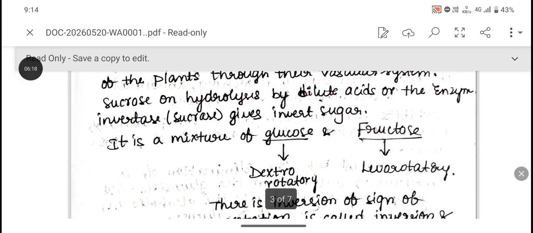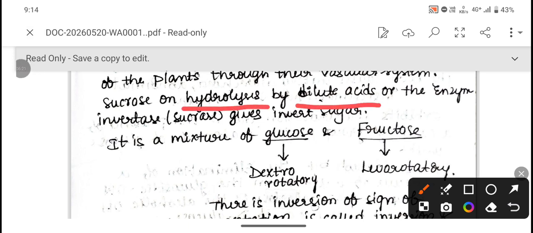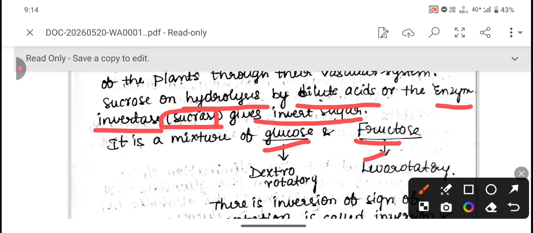Sucrose on hydrolysis by dilute acids or enzymes like invertase, also known as sucrase, gives invert sugar. Sucrose gives a mixture of glucose and fructose. Glucose is dextrorotatory, which means it rotates plane polarized light towards the right, that's why it is known as dextrorotatory.